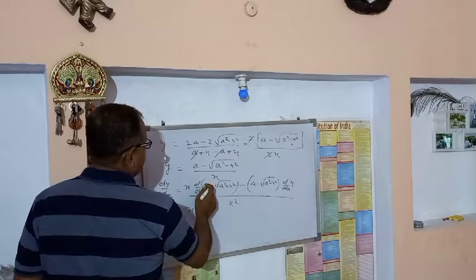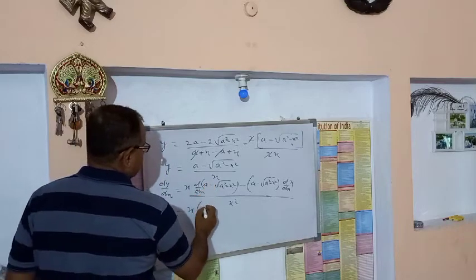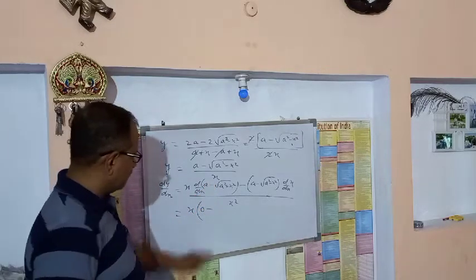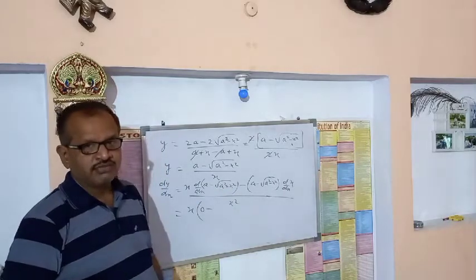What is the derivative of a? A is constant, so the derivative will be 0. What will be the derivative of under root a square minus x square?